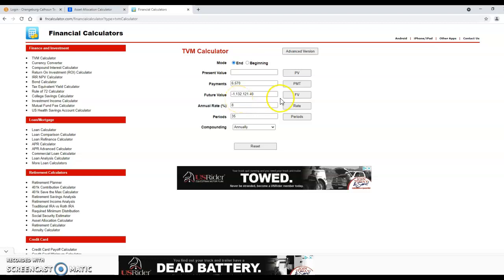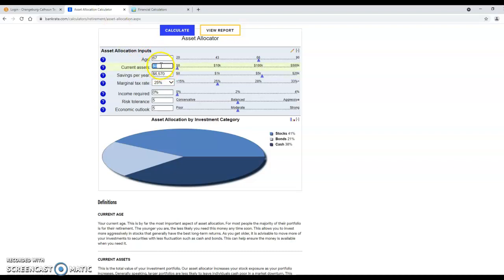So, $1,132,000. We can go back to our current assets, and you can just have it rounded off. We can leave everything else the same and hit calculate, and now notice that our stocks have dropped down at age 67.